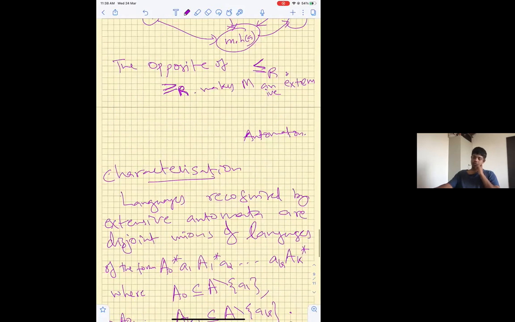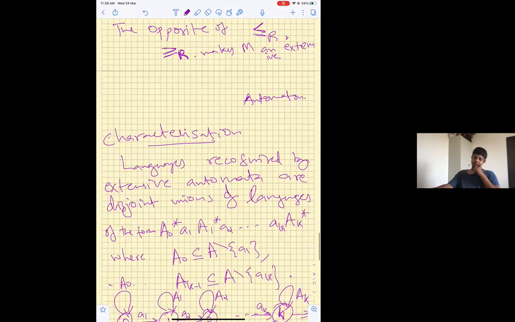So we have to adapt this regular expression so that it becomes deterministic.